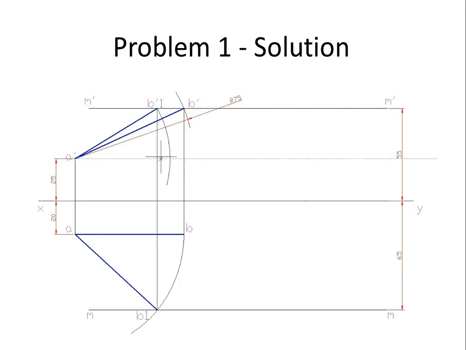So at A, we draw a horizontal line, and that horizontal line cuts the arc drawn from end B1 dash, and if you project it back, you also get the other true length.